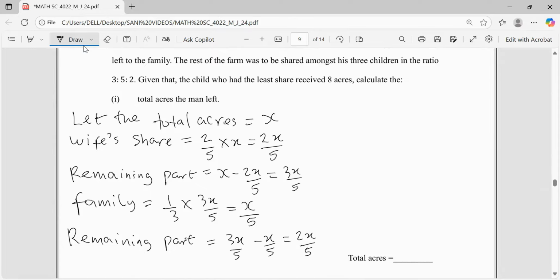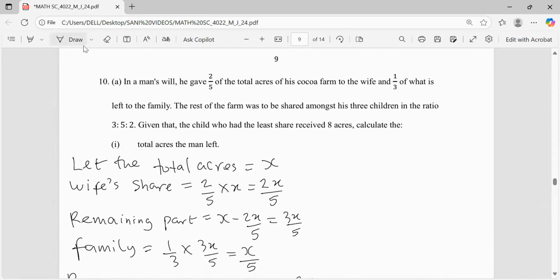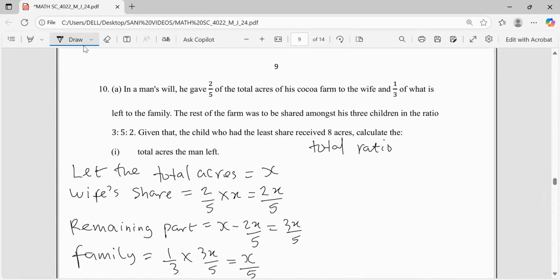So let's find the total ratio. We have 3 plus 5 plus 2, that's equal to 10.